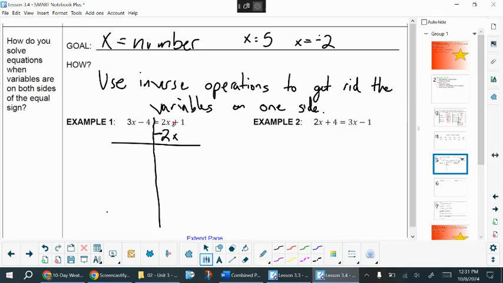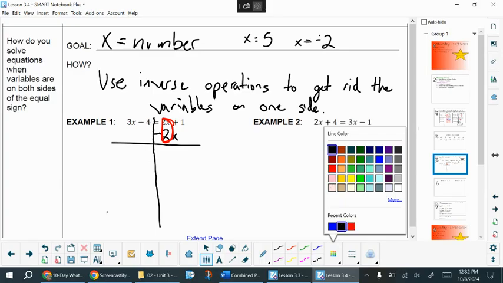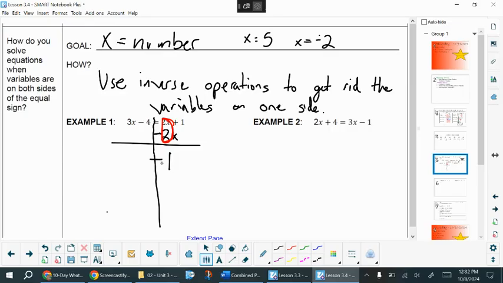I'm going to go ahead and just put that in there, 0. That leaves me on this side of the equation with just this plus 1. 0 plus 1 is just 1. In order to keep my equation balanced, I do need to do the same thing on the other side, so minus 2x. 3x minus 2x is just 1x, or x, and I still have this minus 4 hanging out here.